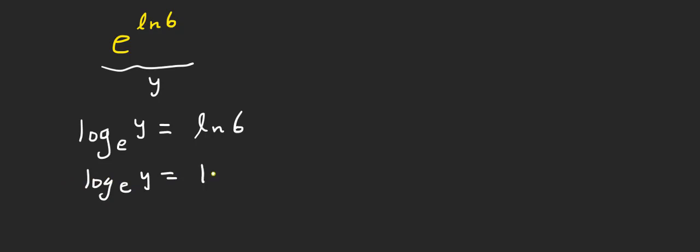So you can rewrite it as log base e of 6. These two are equal to each other when y is equal to 6. Therefore, this whole thing is equal to 6. Now, however, remember the shortcut: e and natural log, they will cancel out each other because they're inverse. So you just end up getting 6. So again, shortcut is much easier and faster.